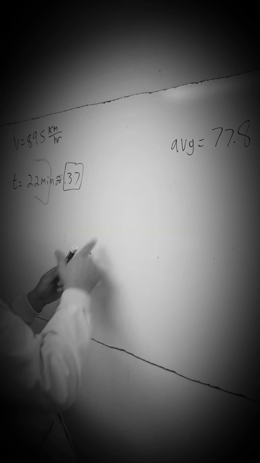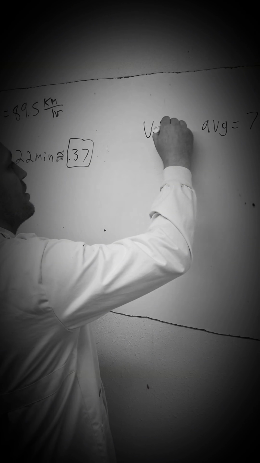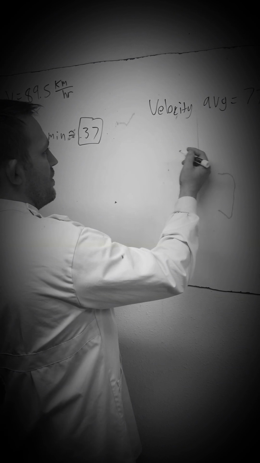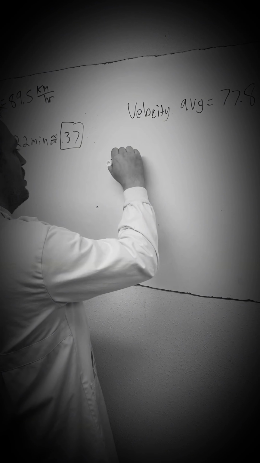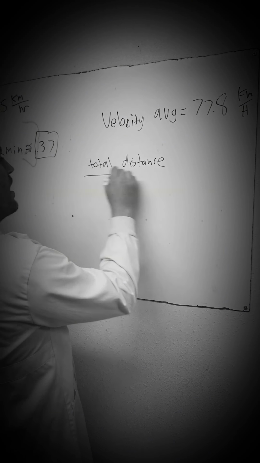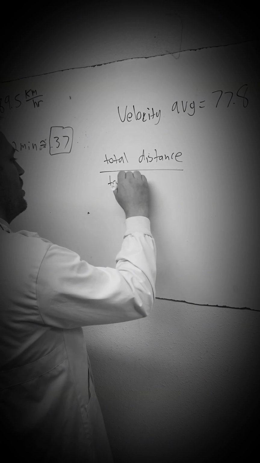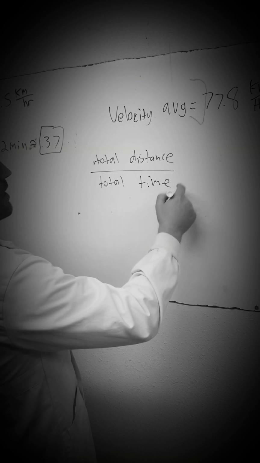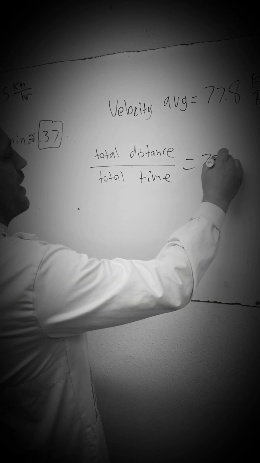Average velocity is defined as our total distance divided by our total time, right? And we know that those two divided by each other will give us our 77.8 here.